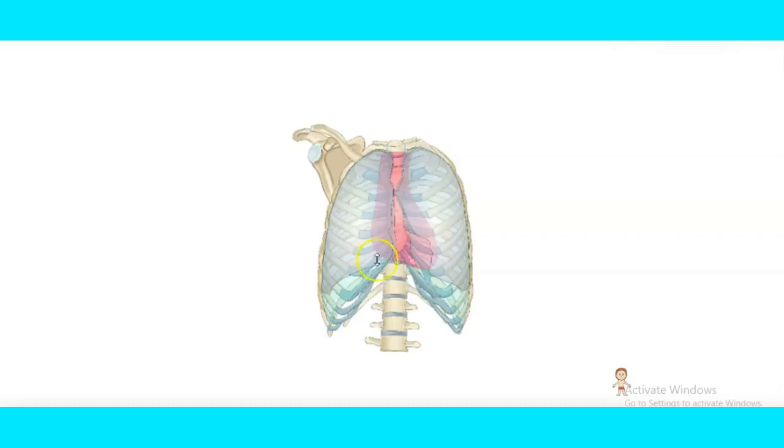Alright, so now we're going to talk about the lungs. We know that the lungs happen to be a vital organ of respiration. What it does is get inspired air containing oxygen.